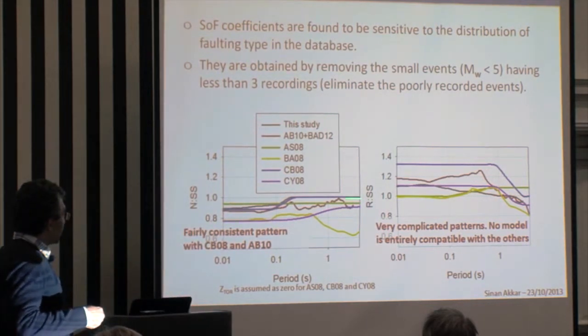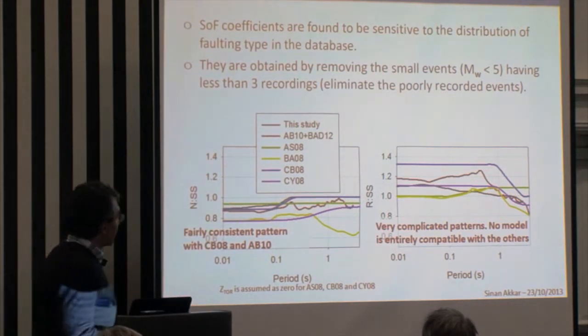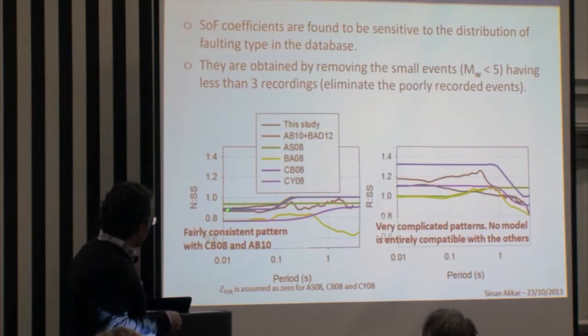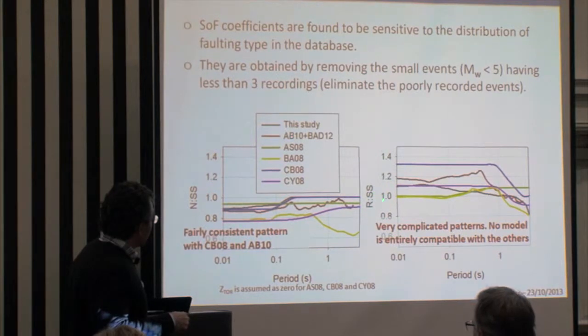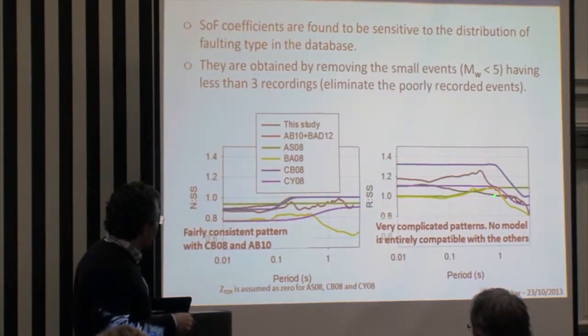So the normal to strike slip ratio of style of faulting of our model is given with this curve, and this is the reverse to strike slip ratio of our model.